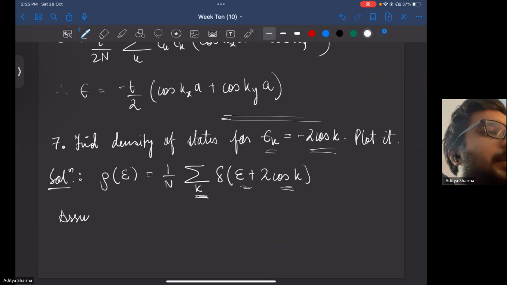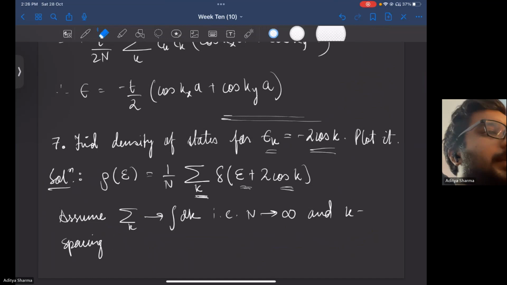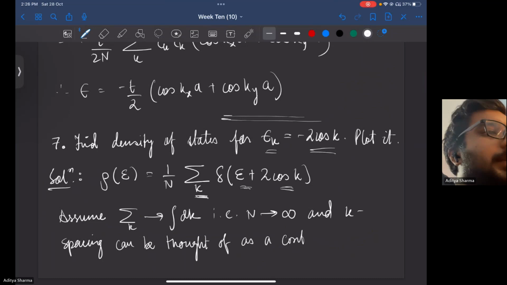Assume the summation over k can be written as an integral dk, and the k spacing can be thought of as a continuum.